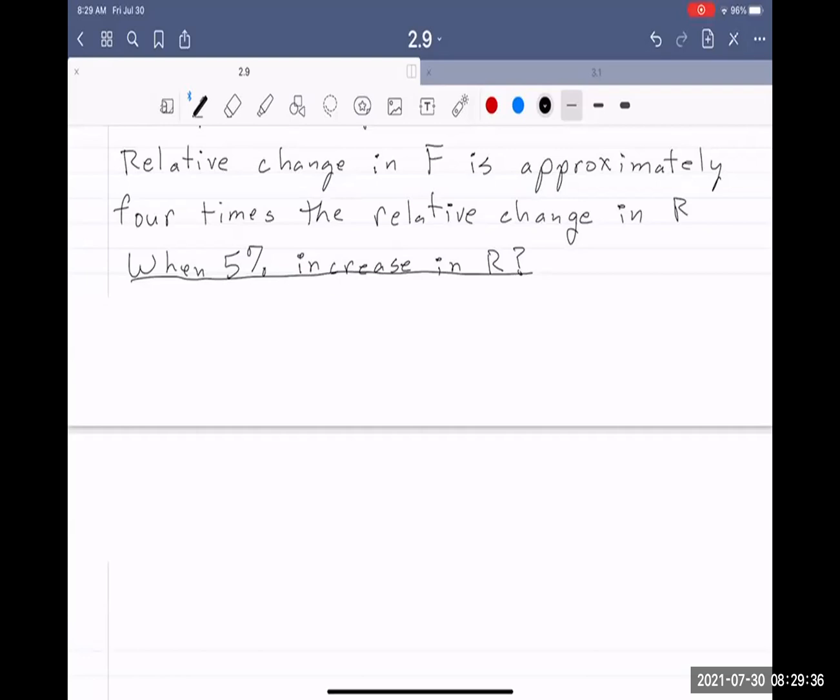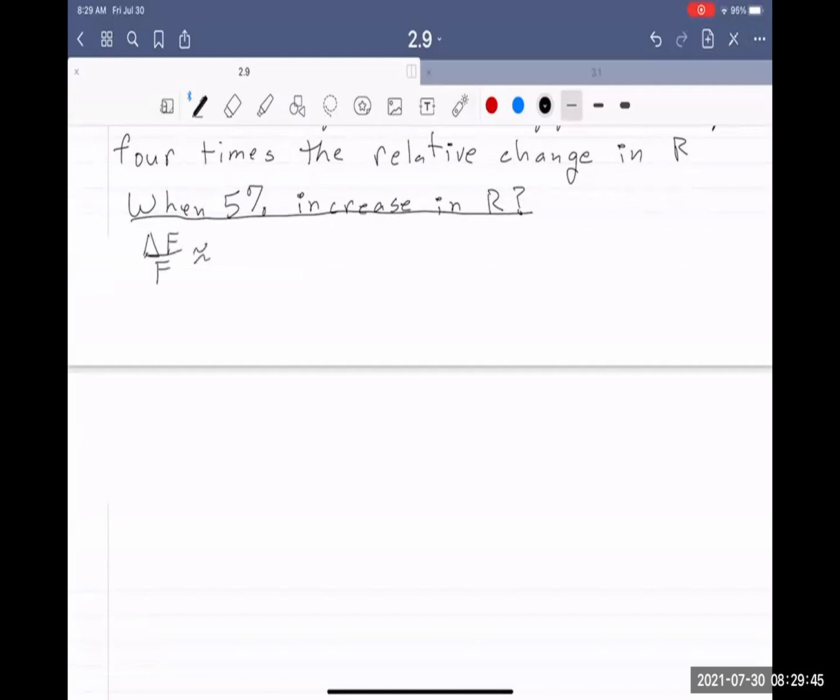So if I have from above that the relative change in the flow is 4 times the relative change in the radius, and we have that the radius is changing by positive 5%, then 4 times 5% is 20%.